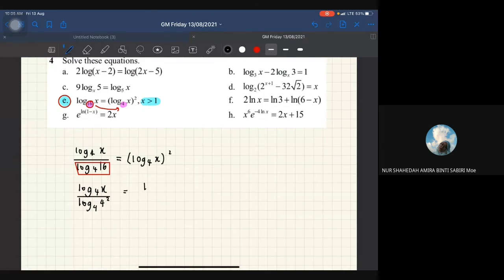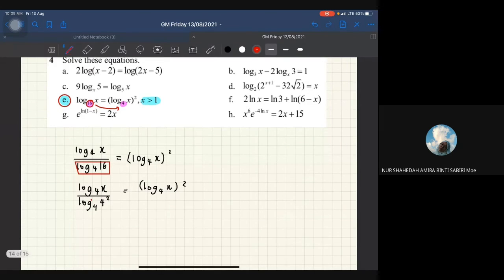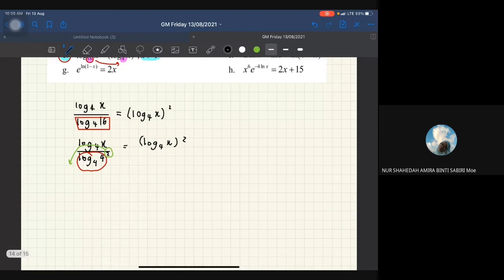Okay, equal to log 4x square. Just like that. Okay, and then this one, awak boleh cancel out kan dia. Tapi before cancel out kan, awak bawa dulu this 2 over here to the front. Okay, so bila bawa dia ke depan, dia akan jadi macam ni lah. Log 4x over 2. Okay, so terus je tulis. Boleh je terus tulis, no problem. So you have log 4x square.